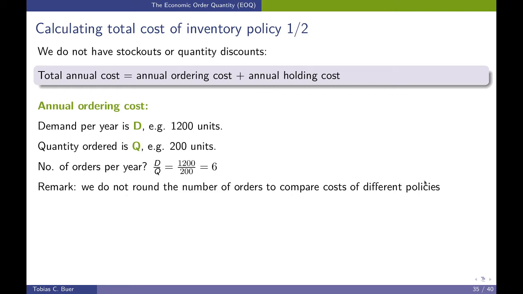Typically, when we do an analysis for the economic order quantity, we do not round the number of orders to compare the cost of different policies. If there's something like 6.5, we will not round. Of course, we cannot place a partial order, but in order to perform the analysis, we do not do rounding at this stage.